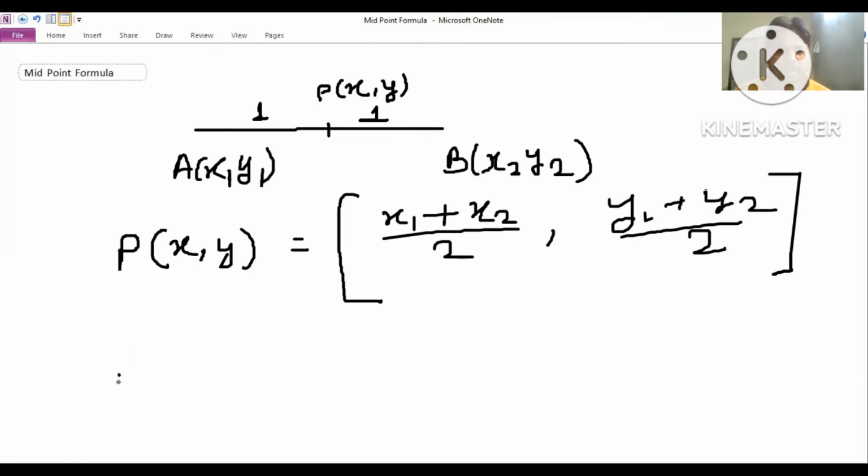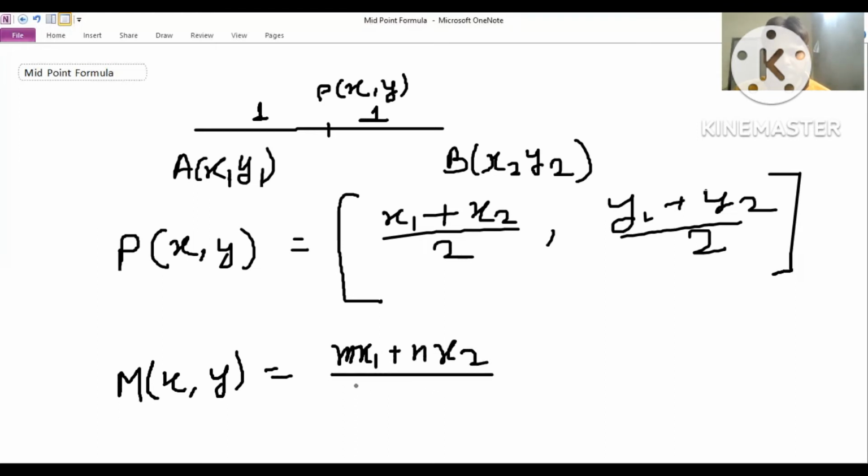Section formula says that if the line segment has been divided in the ratio m to n, and I need to find the coordinates of the point, then we directly apply the formula: x equals m x2 plus n x1 upon m plus n.